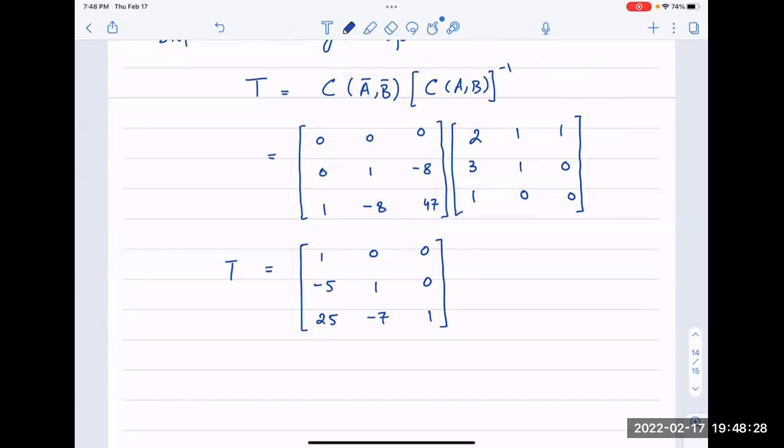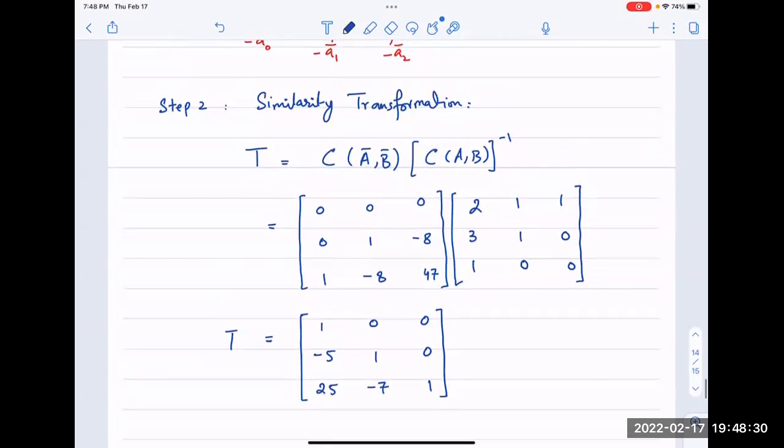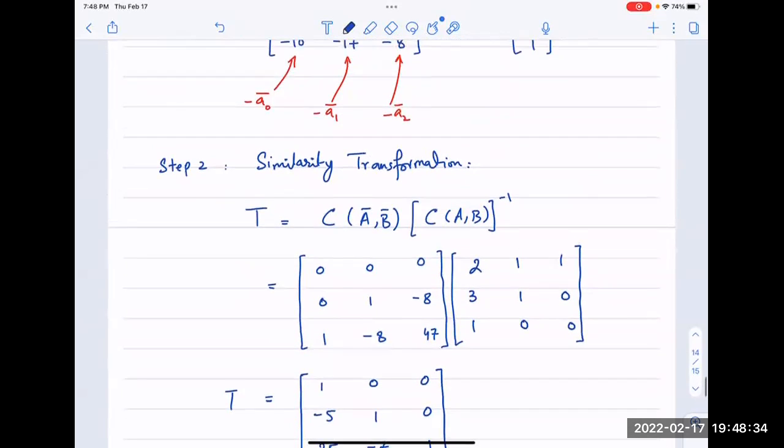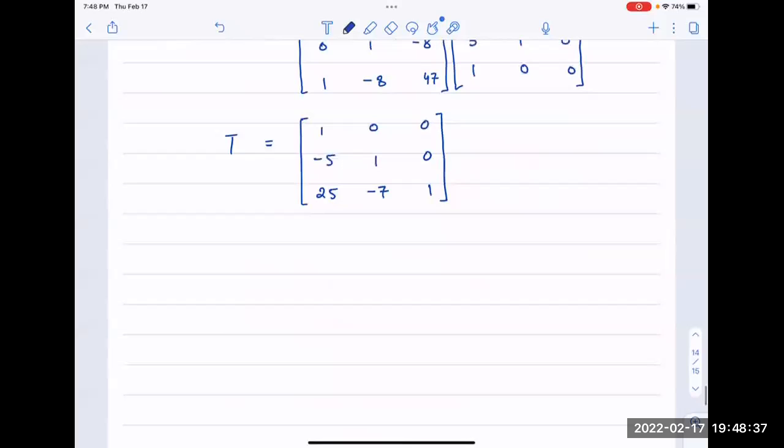And after this is our next step. So step 3 will be to solve the pole placement.